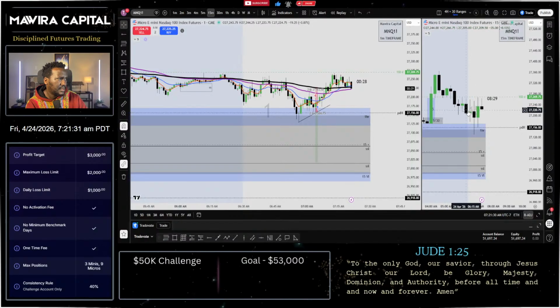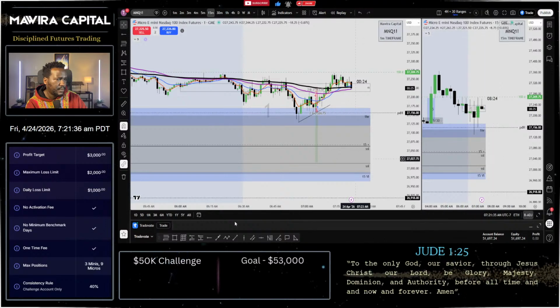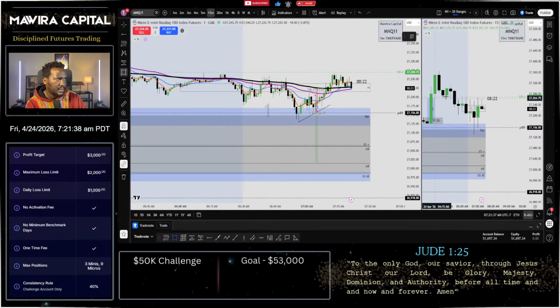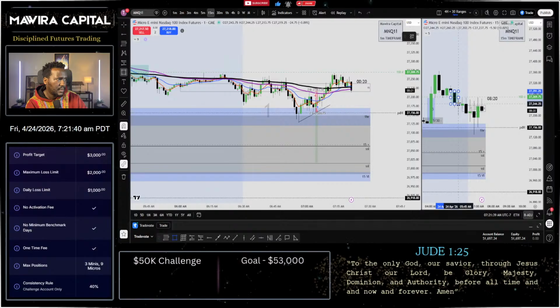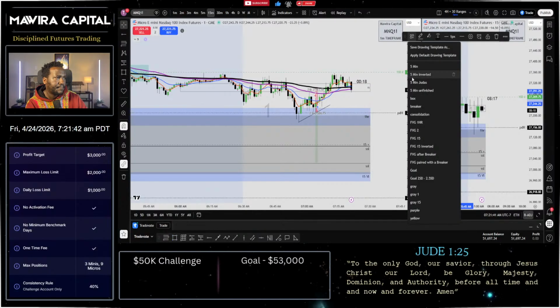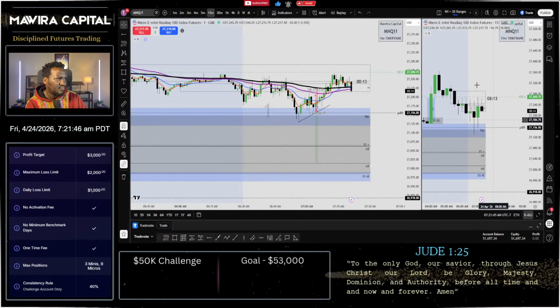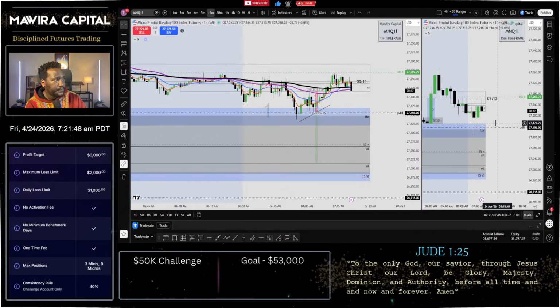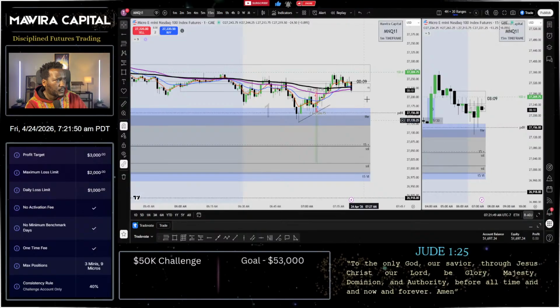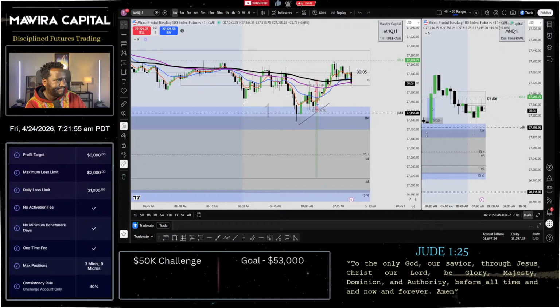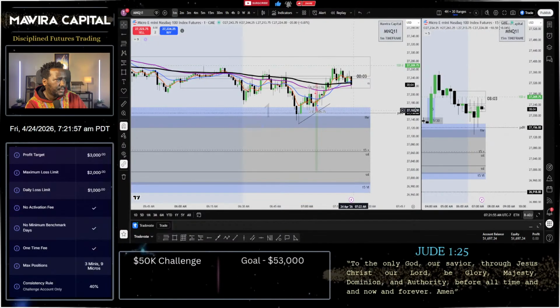I'm gonna delete this here. That's gonna be a problem, and this is also going to be a problem right there. So closure above here I think will be clear for some movement to the upside.